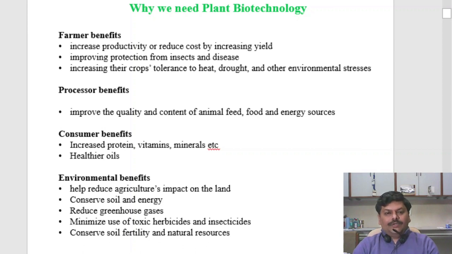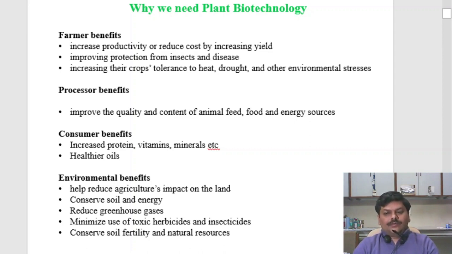Plant biotechnology has been used for many years, as of now, for making superior crop varieties which are resistant to insects as well as various bacterial or fungal diseases.